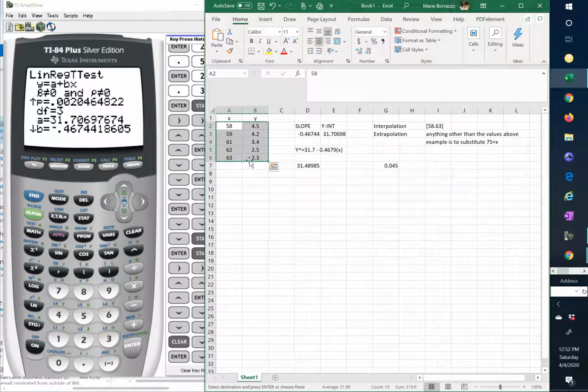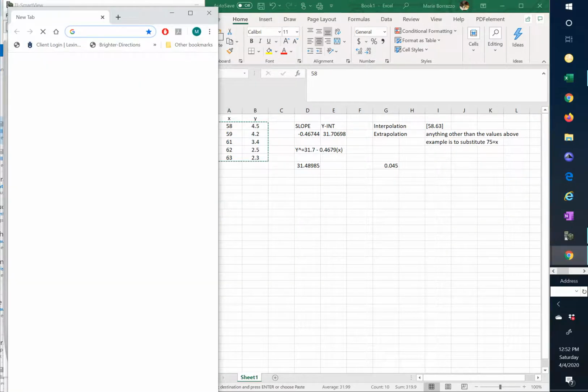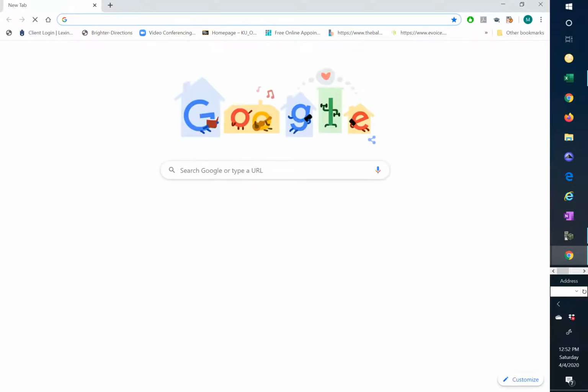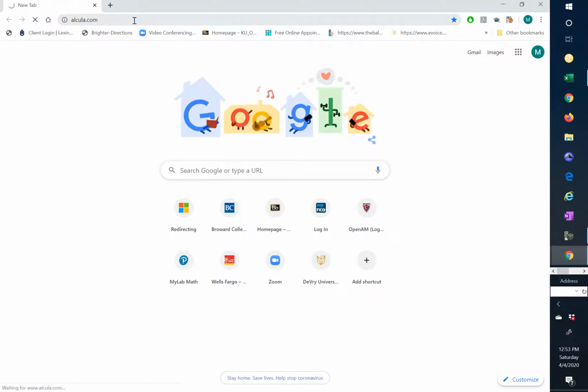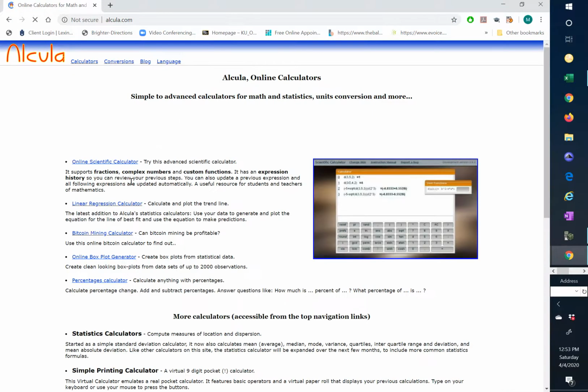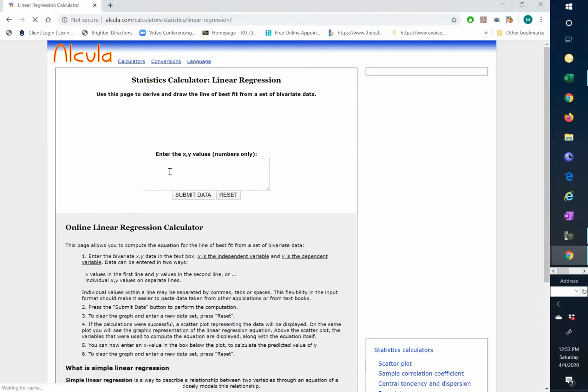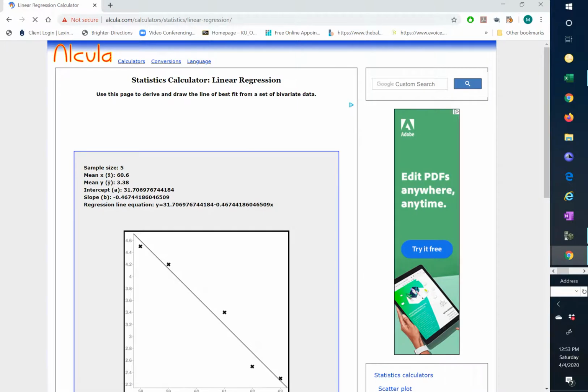Now, alcula.com is a website that I also referred you guys to as a collector, and this actually has a linear regression calculator built into it. So if I were to click here and dump the values into that and click submit data, it'll actually give me the scatter plot.